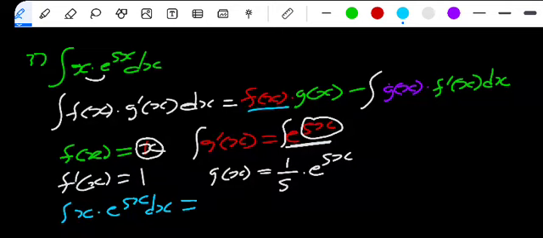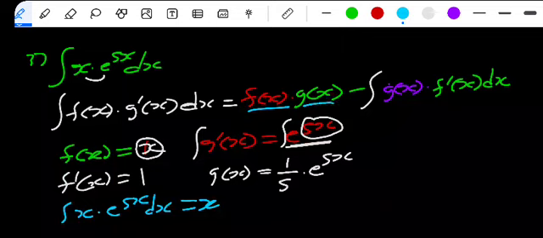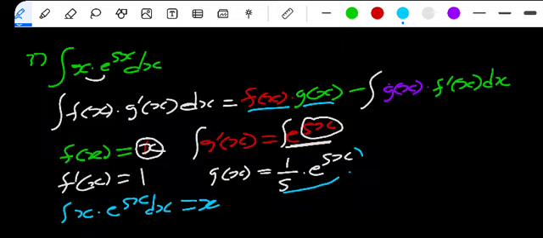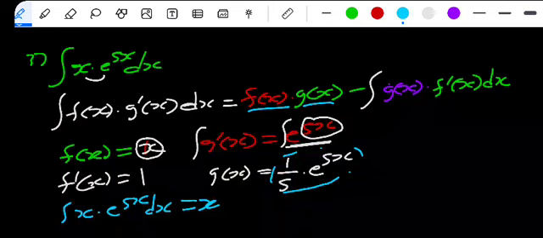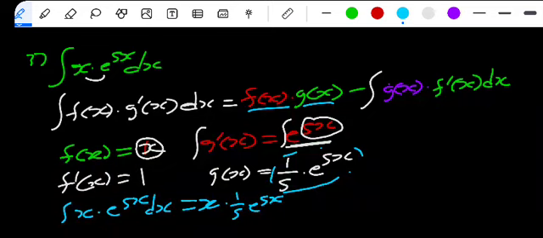Then f of x is x, g of x is this, 1 over 5 e raised to the power of 5x, minus the integral of g of x.